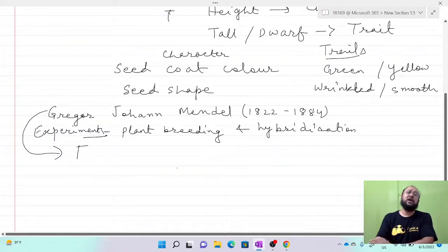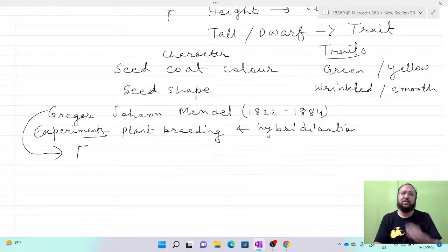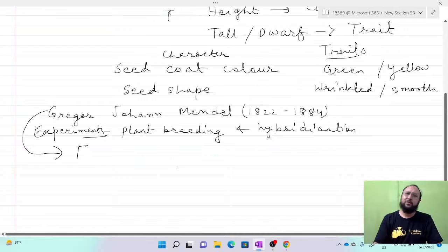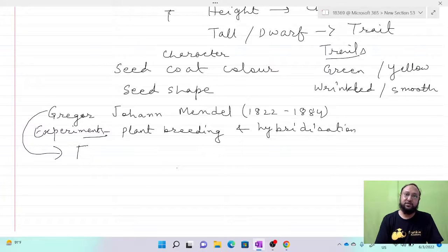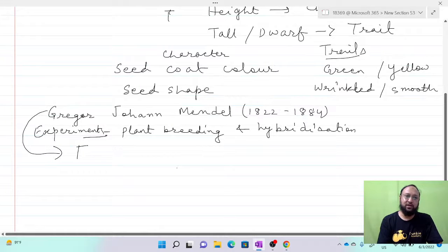Some other scientists also contributed a lot to genetics, were very scientific and logical in their experiments and approach, and found some disadvantages and drawbacks in the laws Mendel formulated from his experiments. But Mendel is regarded as the father of genetics because he was the first to study like this on a large scale.